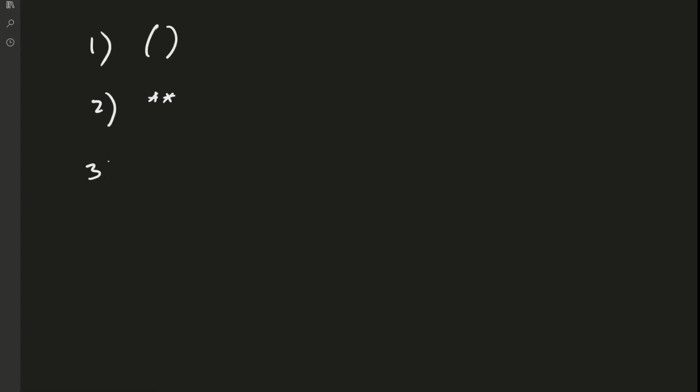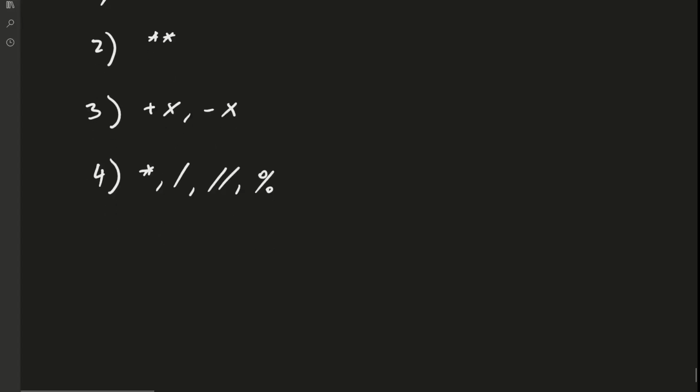Third, we have our unary operators, positive x and negative x. Fourth, our regular multiplication and division. So this is kind of the same order as BEDMAS or PEMDAS. And then fifth, we have our regular plus and minus.